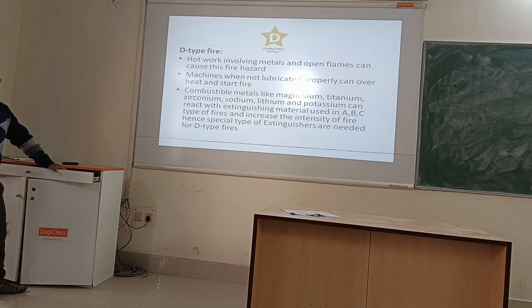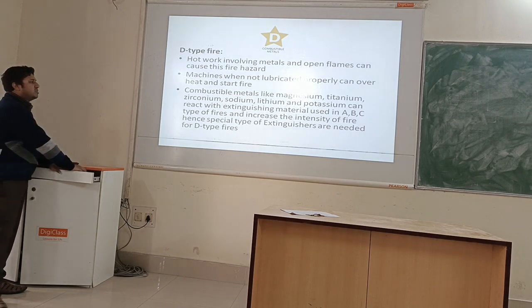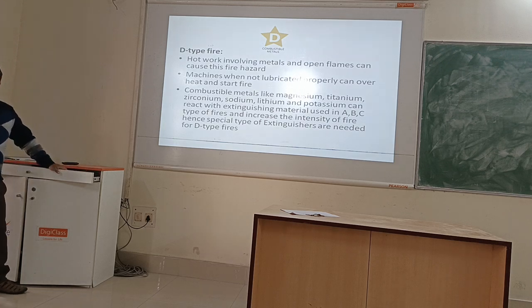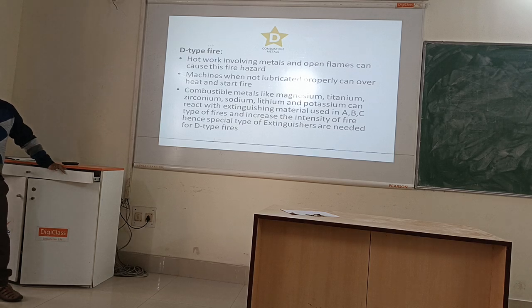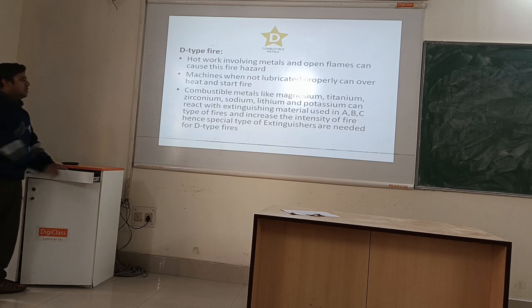Common combustible metals you can find are magnesium, titanium, zirconium, sodium, lithium, potassium. These react, and if these materials are present along with any of the A, B, C type fires, this will also lead to ignition of the D type of fire because of the presence of the combustible metals.